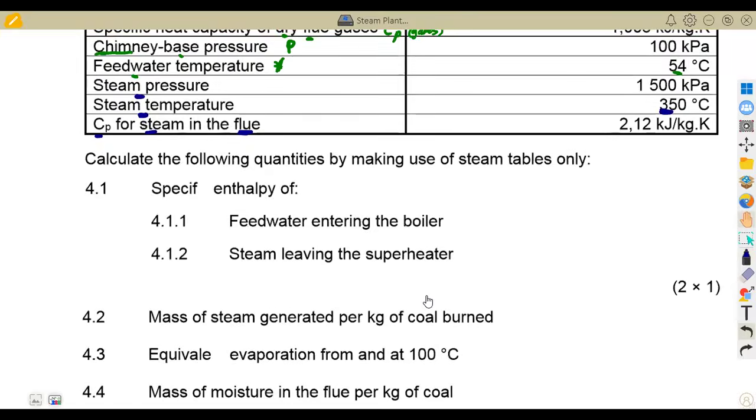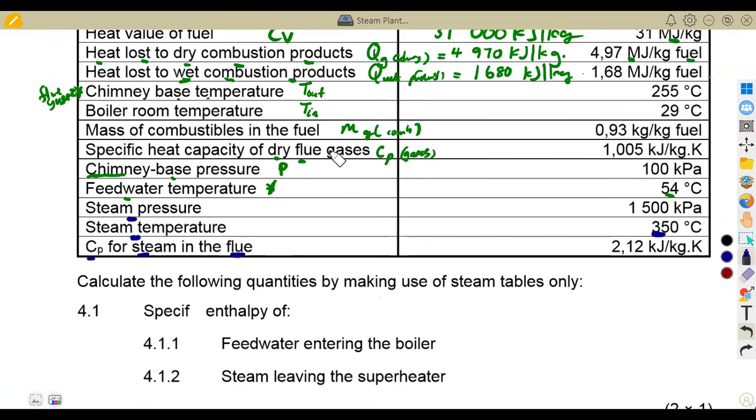Take note, this is for the steam in the flue. We are talking about the flue gases. Yes, it's for steam, which means we're supposed to be talking about H sup, but it's H sup for the flue gases, not for water, not for steam.